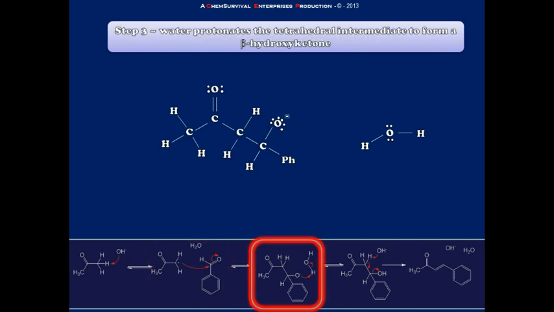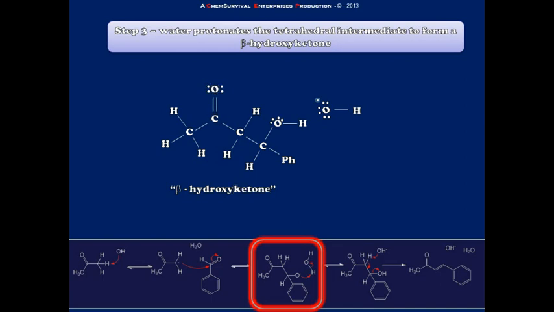So let's do that now. Our water is going to come in and protonate our new tetrahedral intermediate. In doing so, we create something called a beta-hydroxy ketone, so named because the beta tells us that our functional groups are two carbon-carbon bonds apart, and of course the two functional groups are a hydroxy group and a ketone.